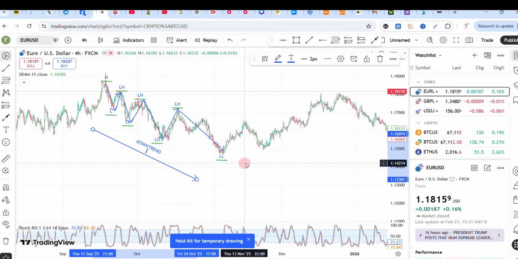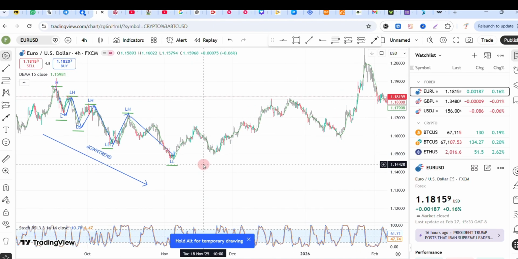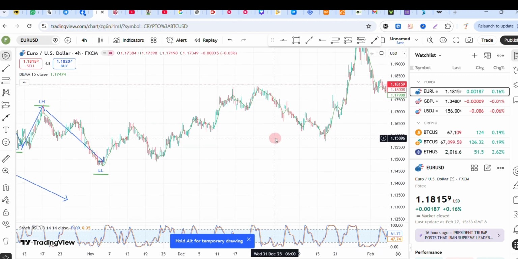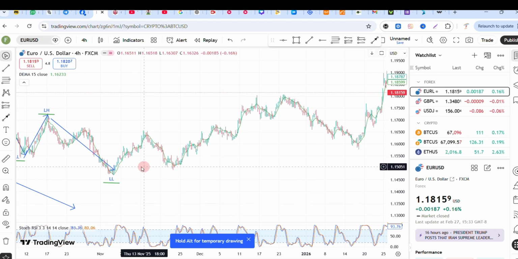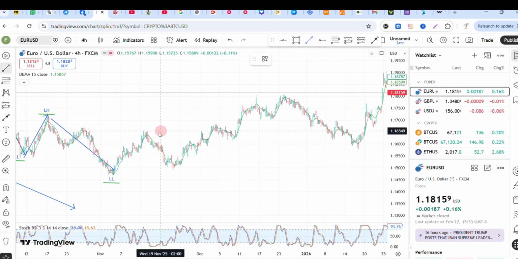Now our uptrend consists of higher highs and higher lows. Okay, so let's take this from here. Let's look at our uptrend from this point here. So we're going to have another trend line here. Let's mark this place out.